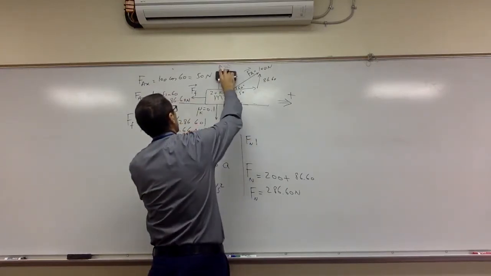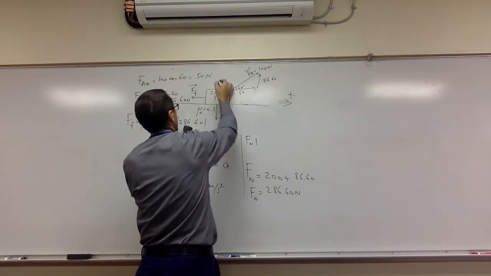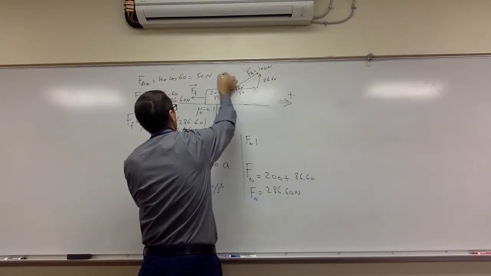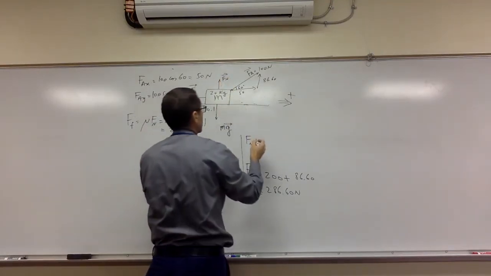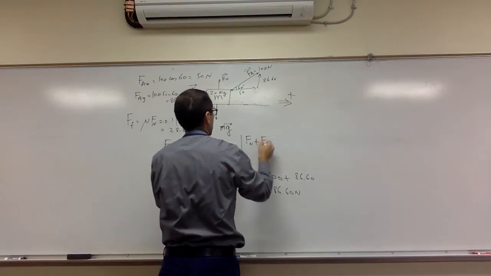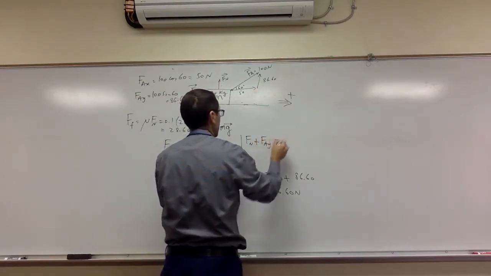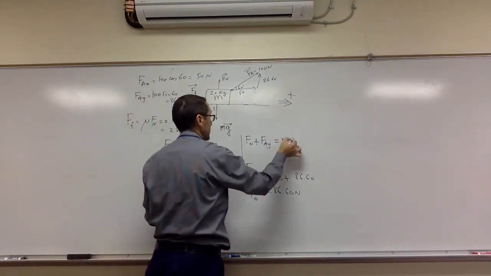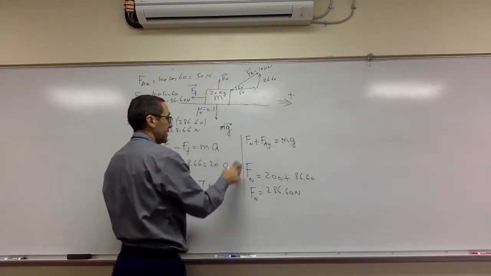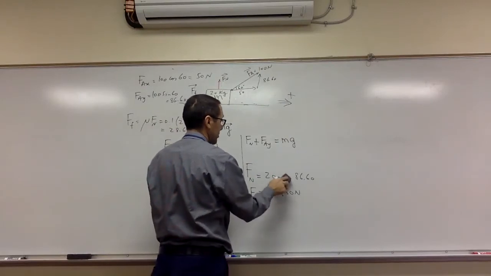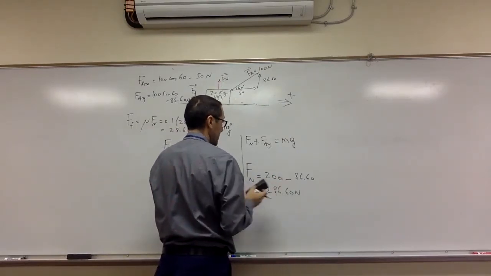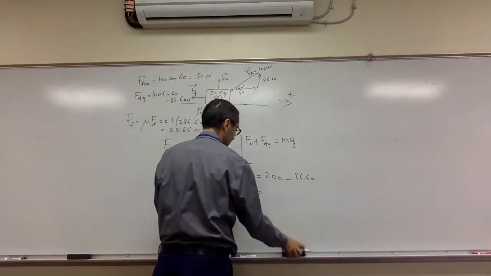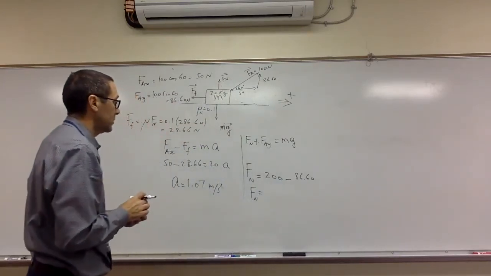This is going to be shorter, basically. So it's going to be Fn plus the y component of Fa equals the mg. Which means Fn is going to be mg minus Fay, and we expected the contact between the surface and the block to be weaker.